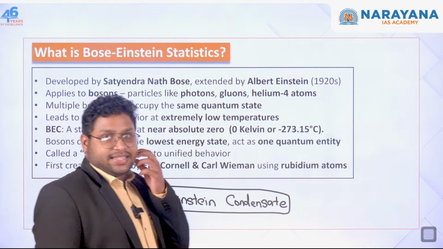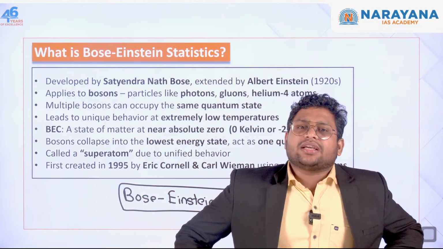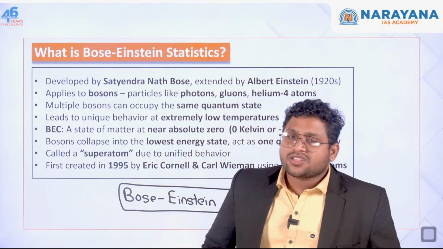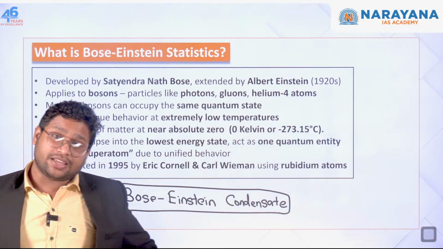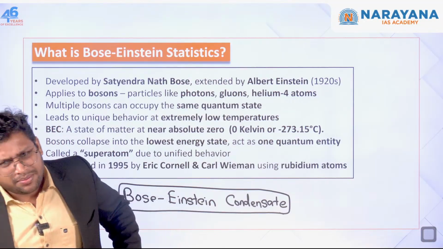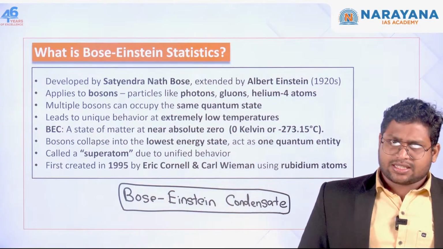Bose-Einstein condensate. Now you see what happens if you take some material in solid form. If you give it some heat, it becomes liquid after some time. If we give some more heat and pressure to this liquid, it becomes gas.